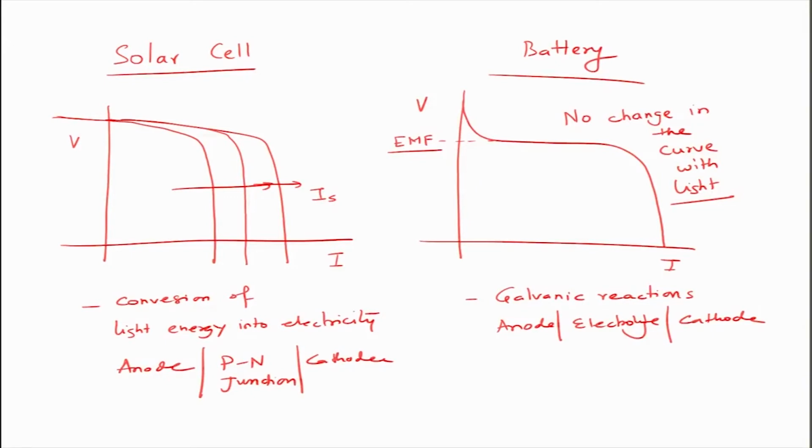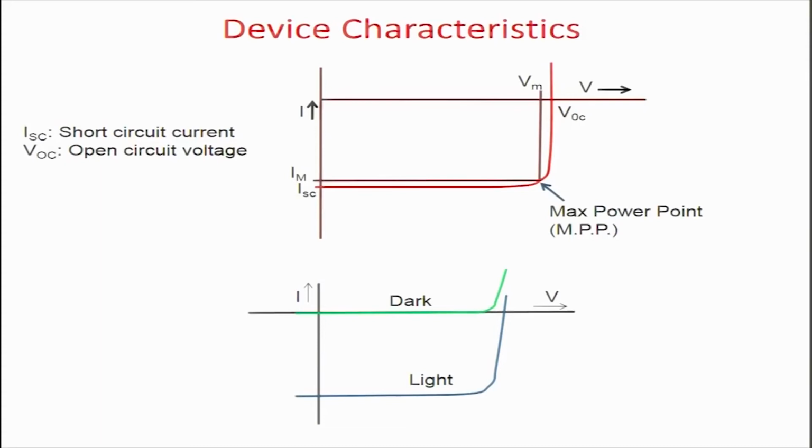In the context of a solar cell, there is something you need to remember about the device characteristics. Looking at this plot earlier, there is a point in the IV curve at which you get the maximum power point, and this corresponds to the rectangle of maximum area that could be drawn within this IV curve.